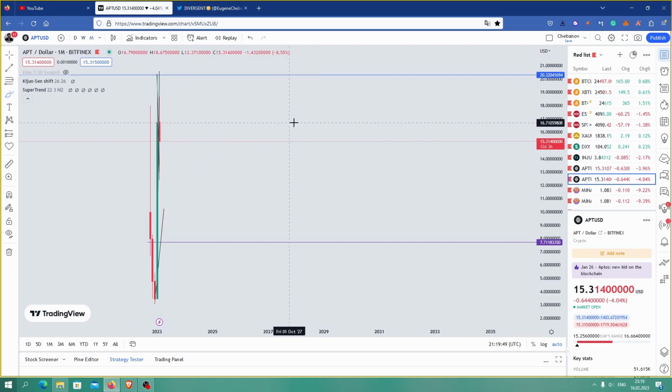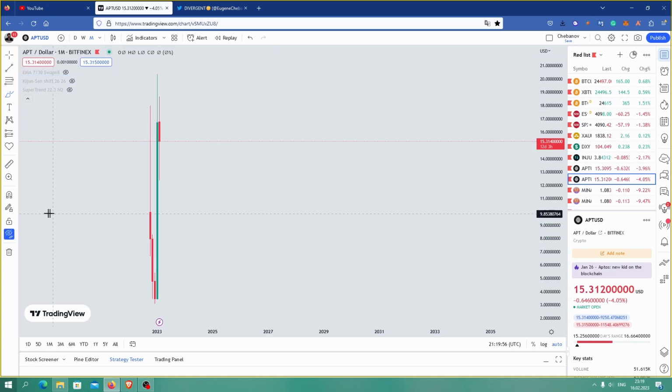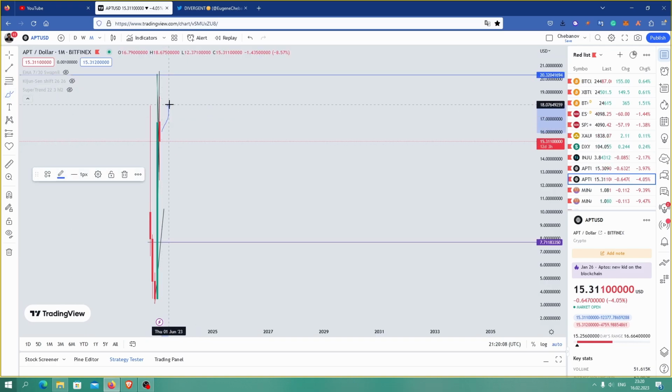But look at the monthly, and it is the most important for us. Let's look at the monthly, and what we see here, this candle. If we close with the red pin bar here, that will be the sign for me that no matter how we are going to open the next one, no matter how high we are going to be, we will go back below $10 at least.